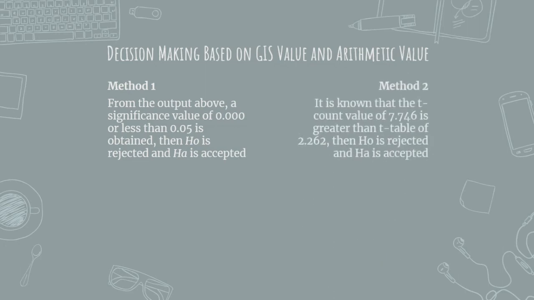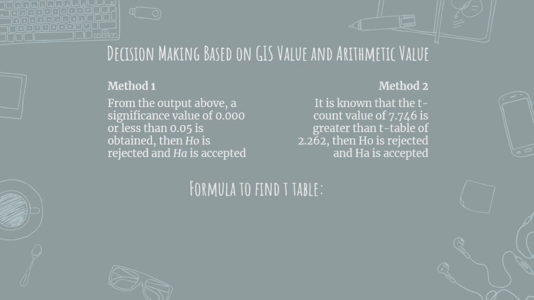And method 2: it is known that the t-count value of 7.746 is greater than the t-table value of 2.262. Then H0 is rejected and HA is accepted.